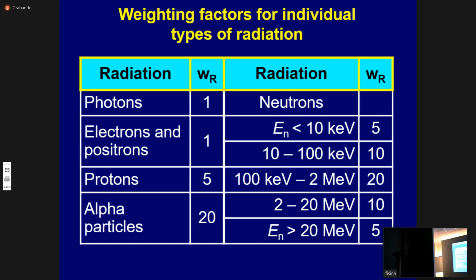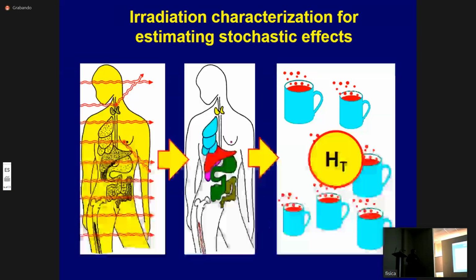And it is established on the basis of the RBE generalization for radiation of organs and tissues in various types of radiation. Unlike the values of RBE coefficients determined for specific exposure conditions, the values of radiation weighting factors do not correlate with any particular effect of radiation in humans. They characterize the development of any stochastic effects.